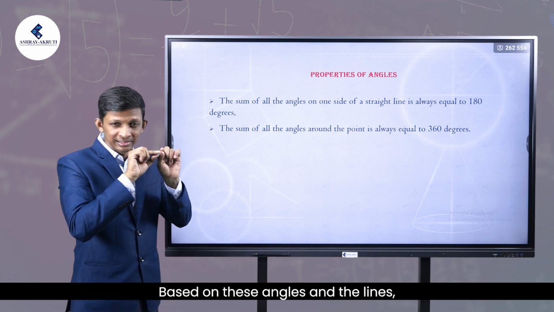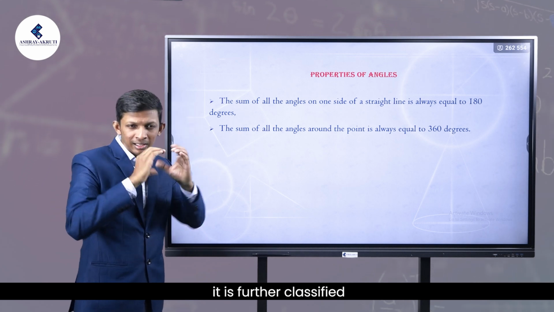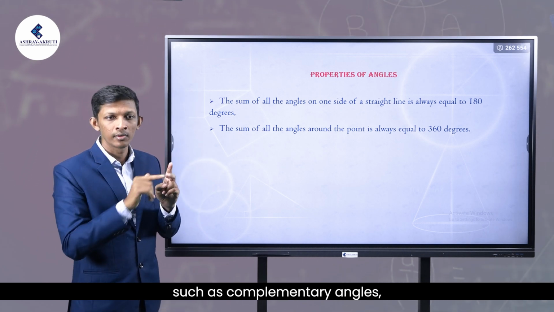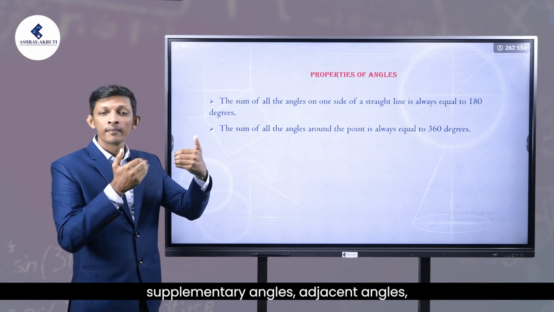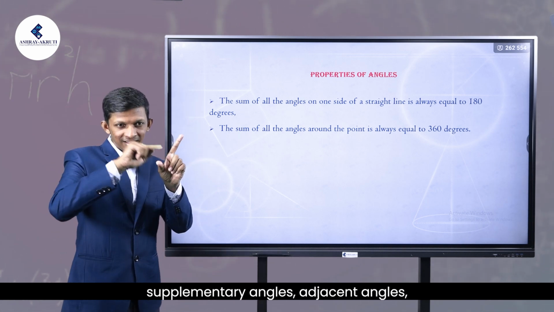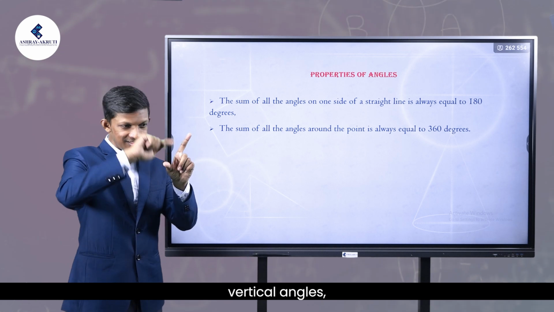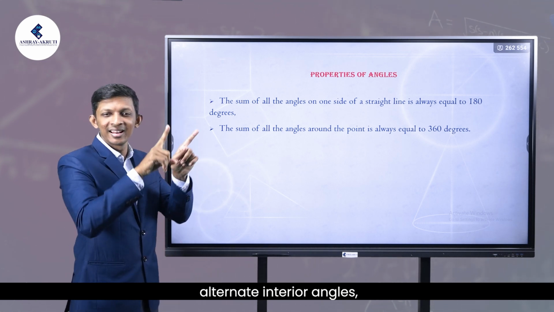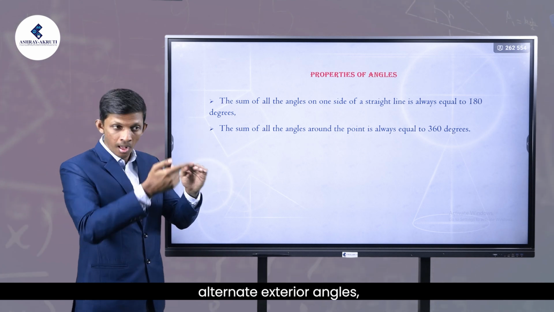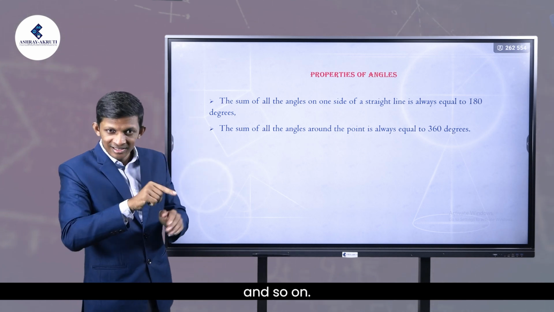Based on these angles and the lines, it is further classified into different types such as complementary angles, supplementary angles, adjacent angles, vertical angles, alternate interior angles, alternate exterior angles, and so on.